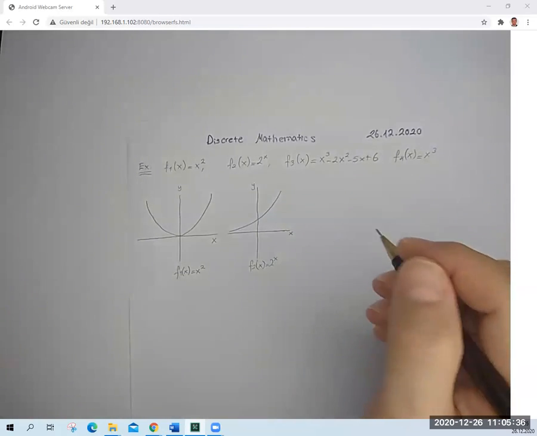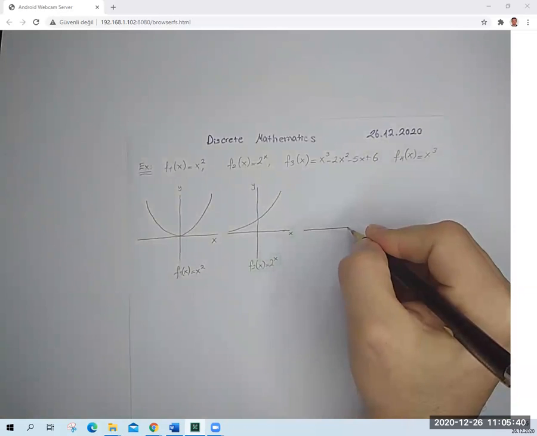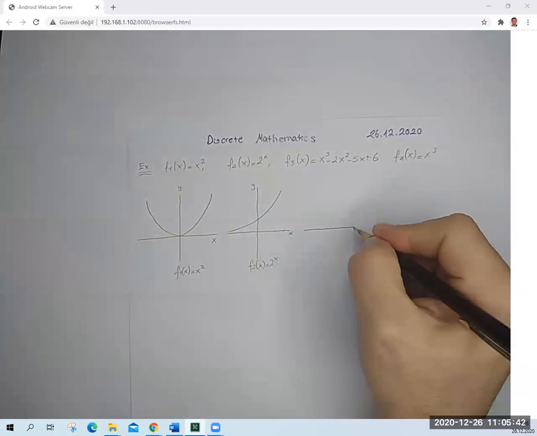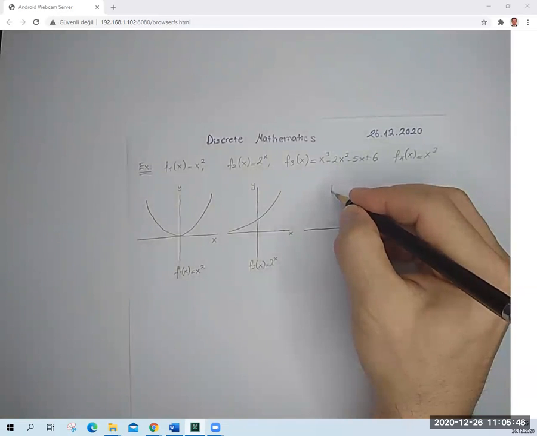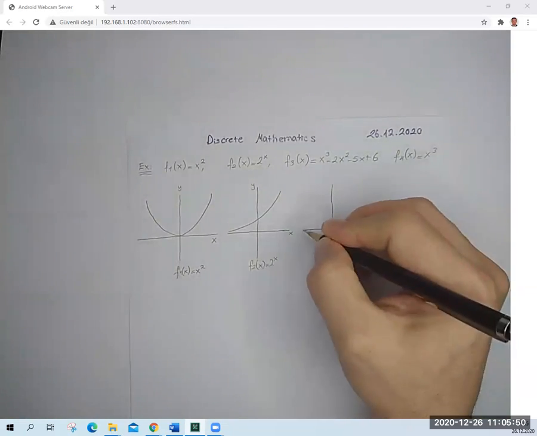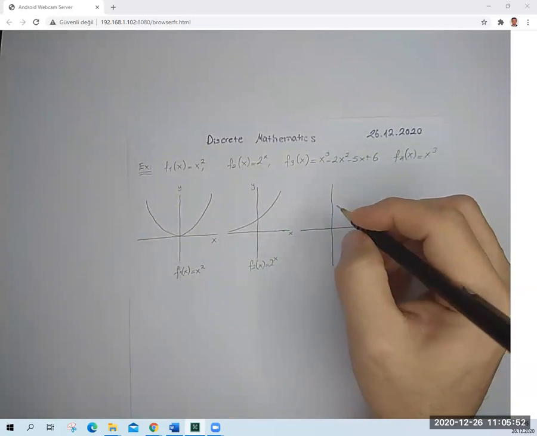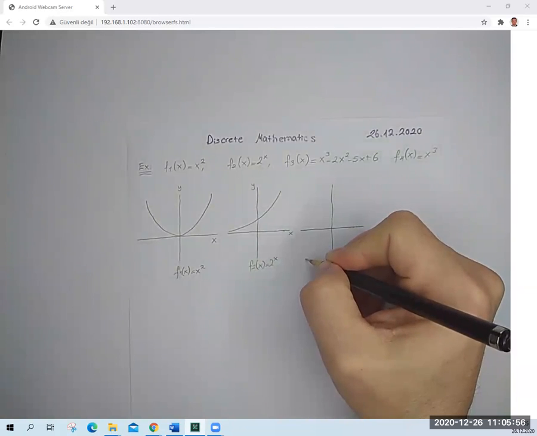And F3, so F3, I hope I'm gonna do all in that place. I mean the graph. So this is F3.